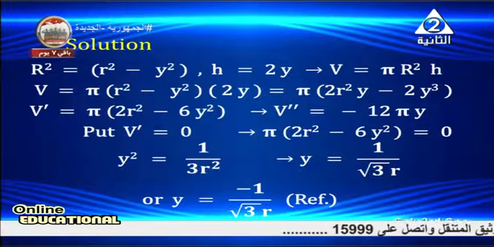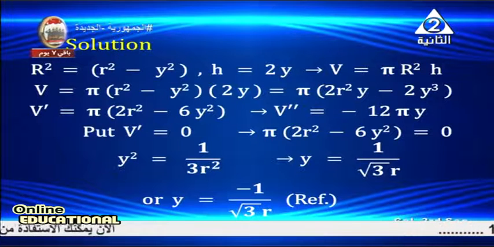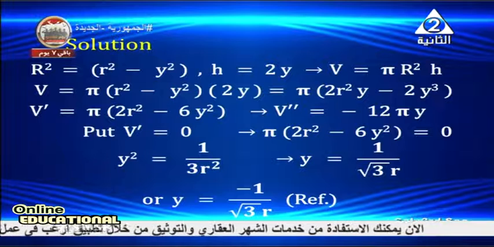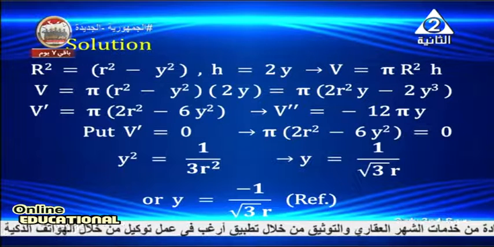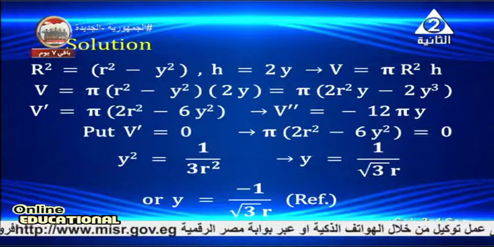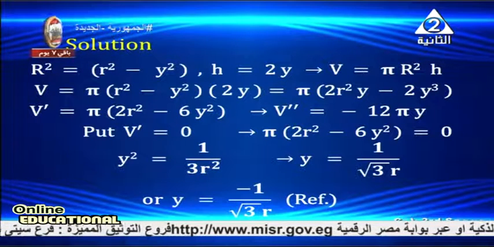We know that y is a positive value, then y equals negative 1 over root 3 r is refused. Then the value of y equals 1 over root 3 r.